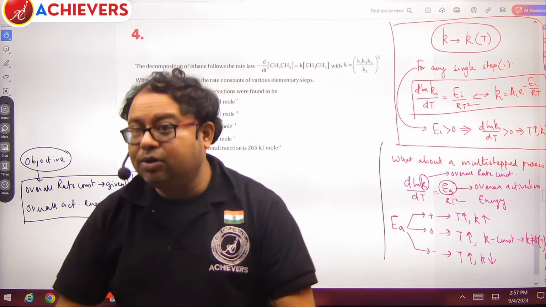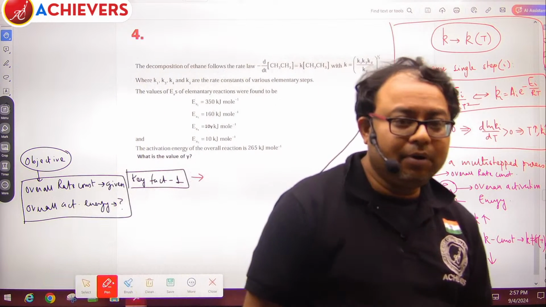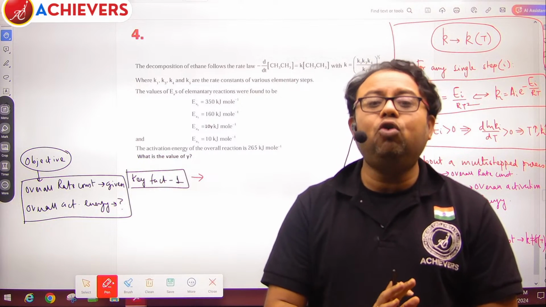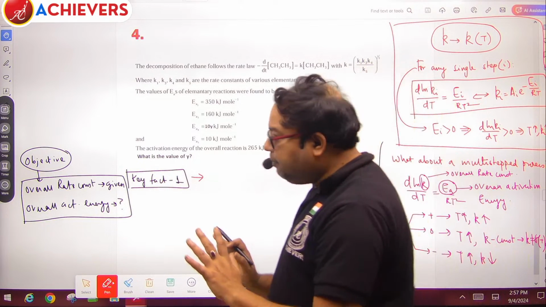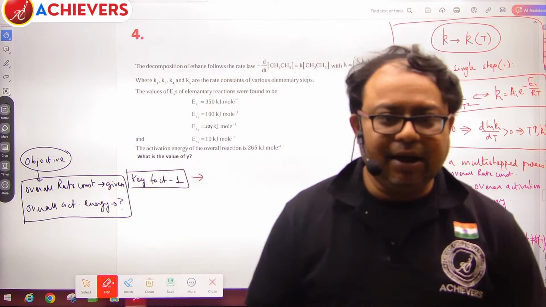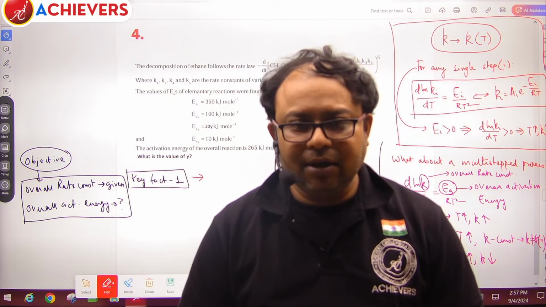And in key fact 2, we'll use the additive combination. So there are two options. In both the options, we need to find out the overall activation energy from a given expression of overall rate constant.